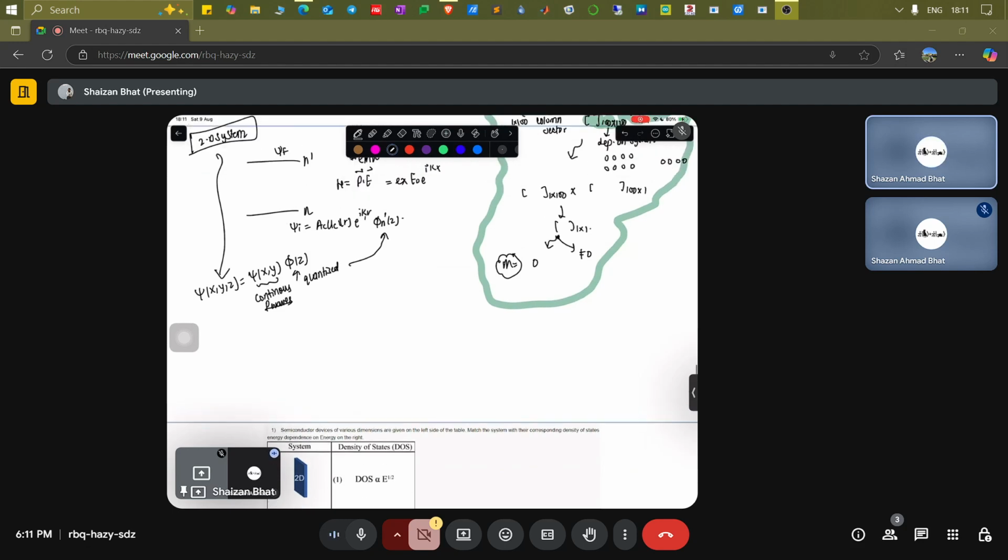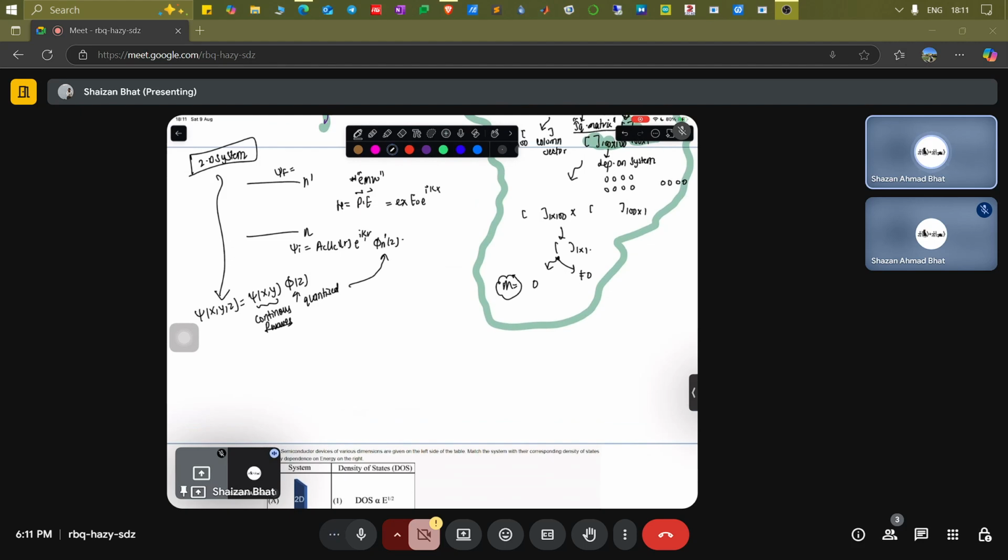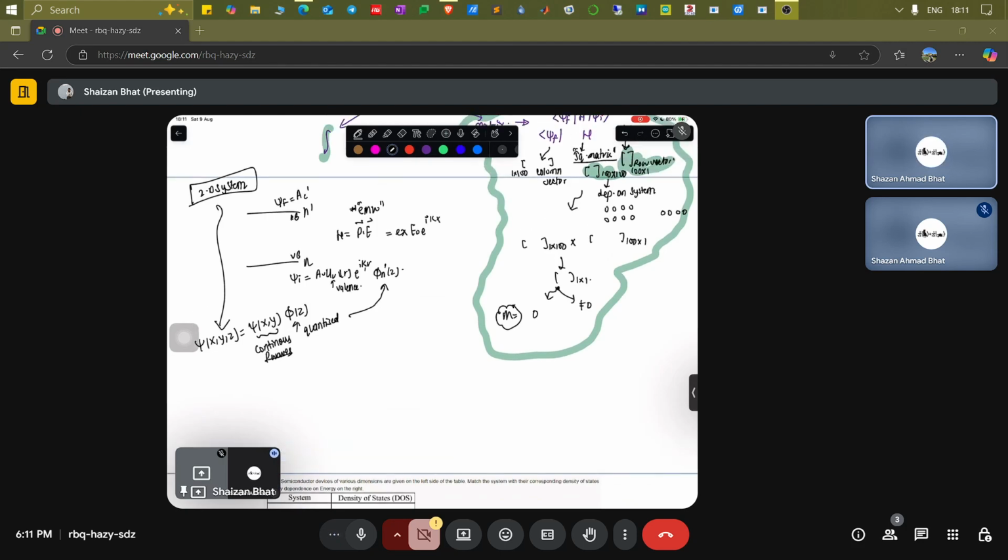Similarly, you can write psi f. Let's denote psi initial as A_V u_V, with V for valence, like a valence band. This is like a conduction band. Similarly, you can write psi f as A_C u_C(r) e to the power i K_f r phi n of z.